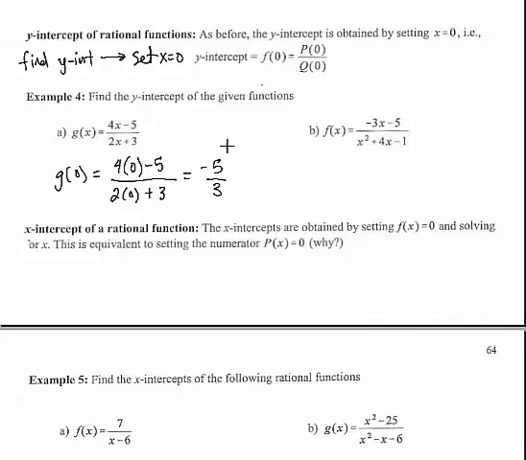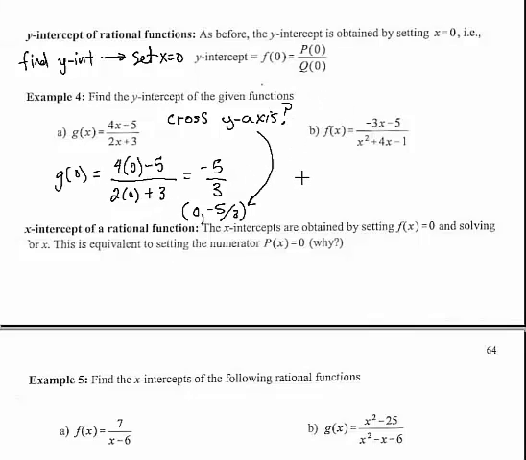And so I actually get a number out, and that means that I cross my y-axis at these coordinates, 0, negative 5 over 3. Alright, we cross the y-axis right there, at these coordinates.